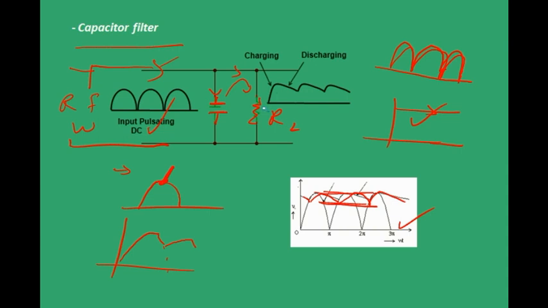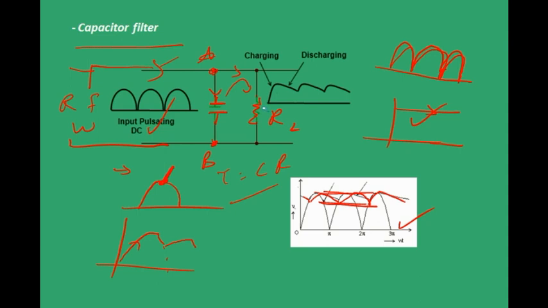The key is, depending on your usage, you have to use a capacitor of suitable time constant. Time constant for a capacitor is nothing but the product of capacitance and resistance. So this is how a capacitor filter works. The charges are stored inside the capacitor when the current is increasing. Hence, there is a potential difference between these two points A and B, because the charges are built up, right? And when the capacitor is charged, it has a potential difference across it.